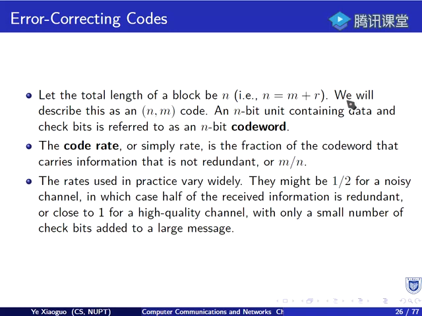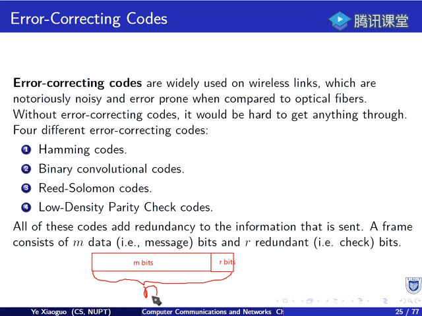We will describe this as an (n,m) code. For example, n is 7, m is 4, then r is 3. So this error correcting code we call a (7,4) code.